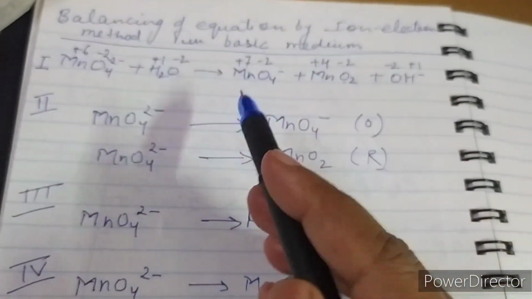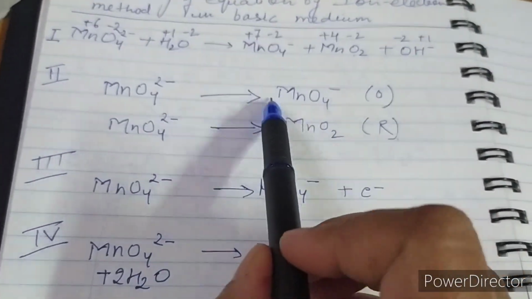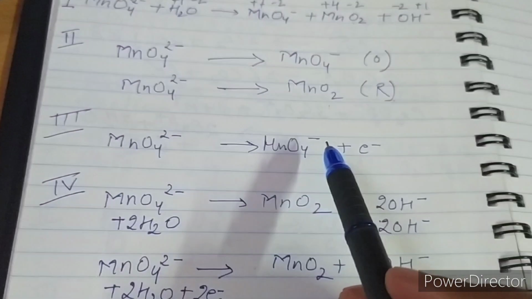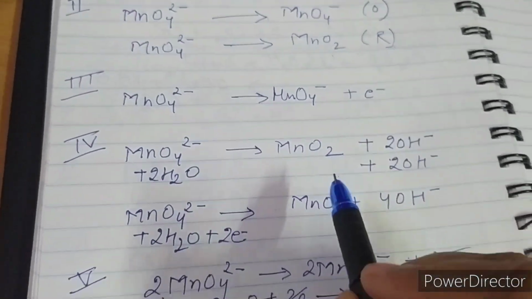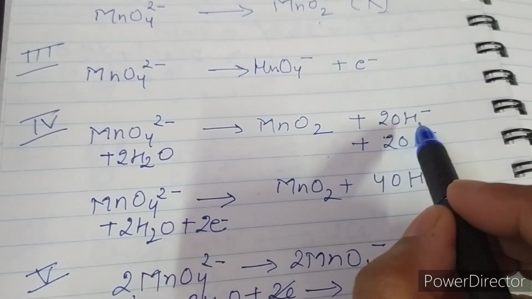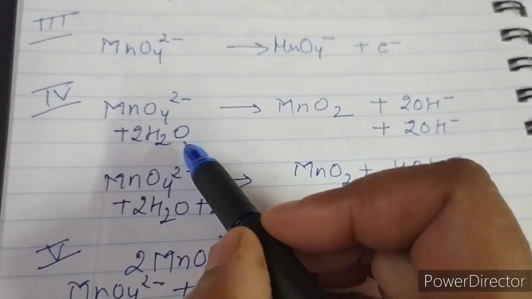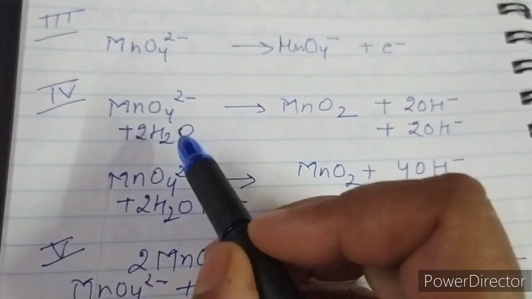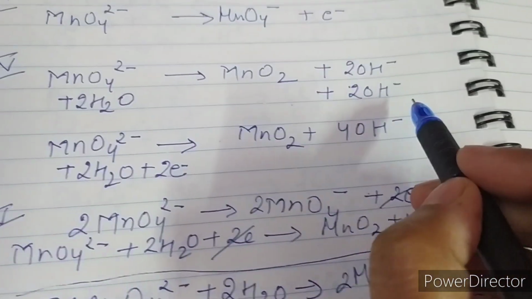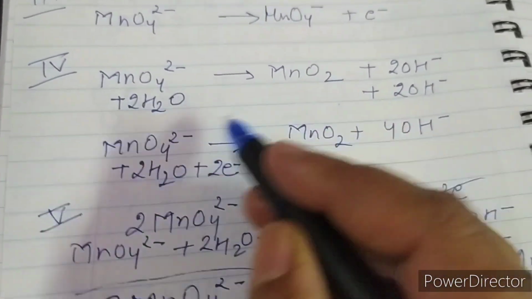So again here we have first written the oxidation numbers of each atom in the equation, identified the oxidation and reduction half reactions, and balanced them individually. In basic medium, if there is a deficiency of oxygen atoms, we put OH negative on that side, and to balance the hydrogen atoms we put water on the side deficient in hydrogen, and an equal number of OH negatives are put on the opposite side.